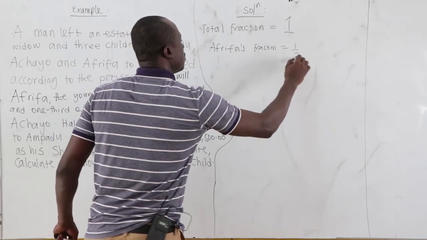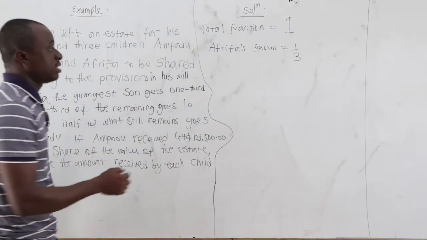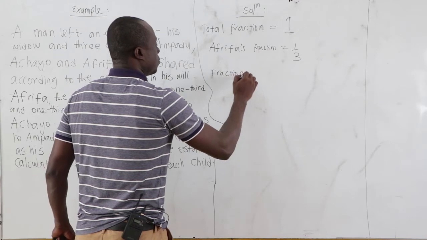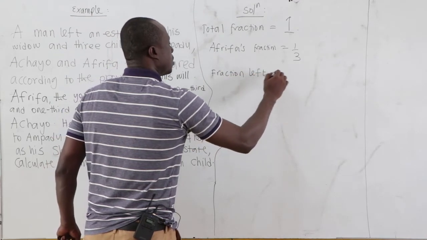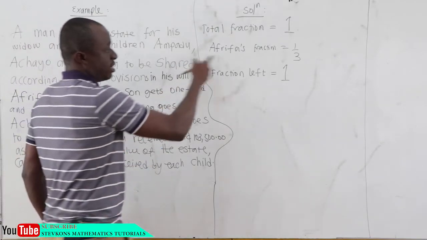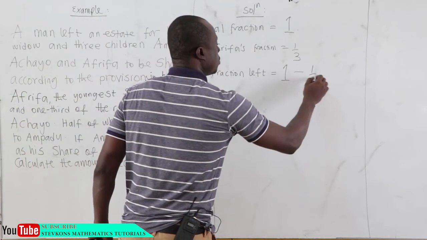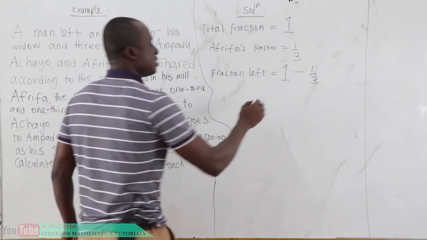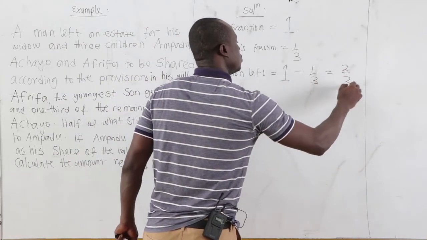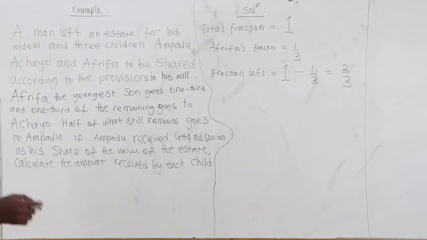That is 1 over 3. Now let's find the fraction left. Now the total is 1. And then 1 over 3 is given to Afrifa. Hence, this will be equal to 2 over 3.